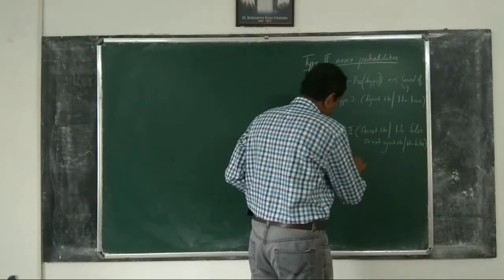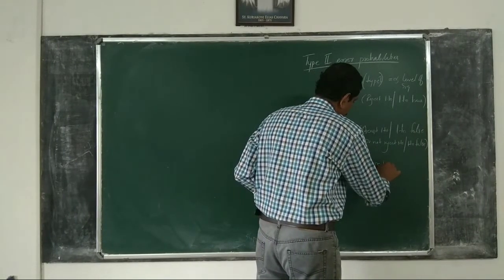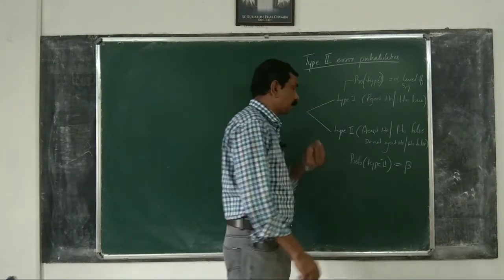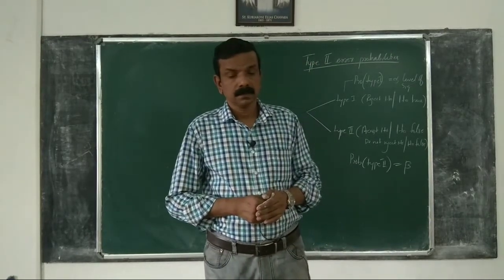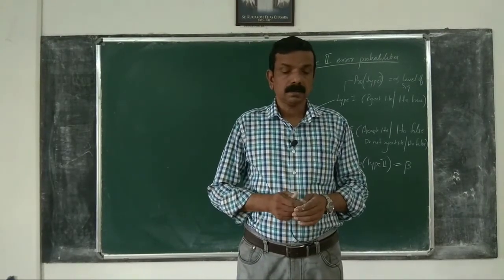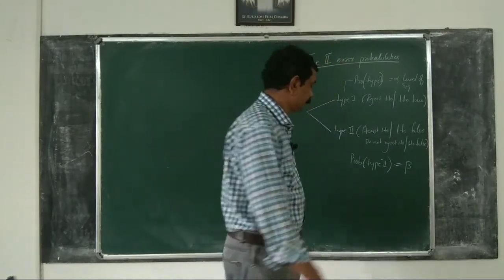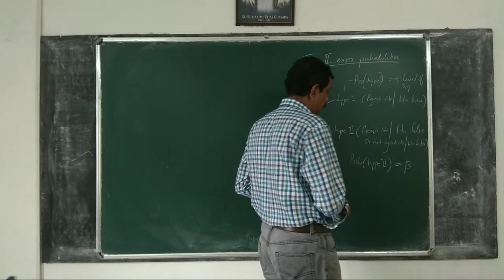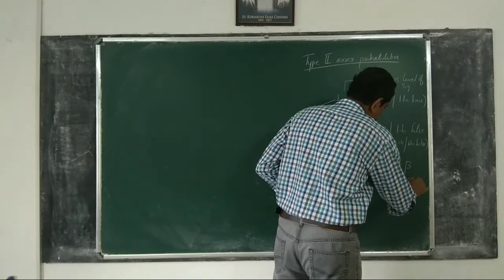Probability of type 2 error is known as beta. And 1 minus beta, that is, the probability of not committing a type 2 error, is known as the power.